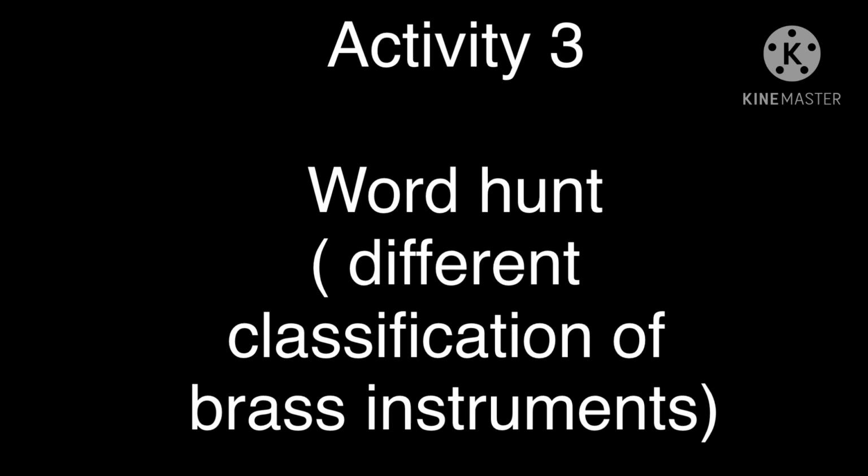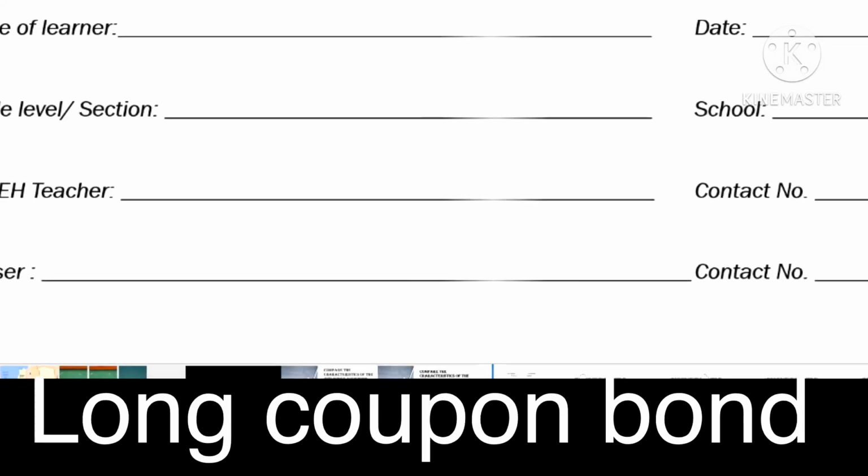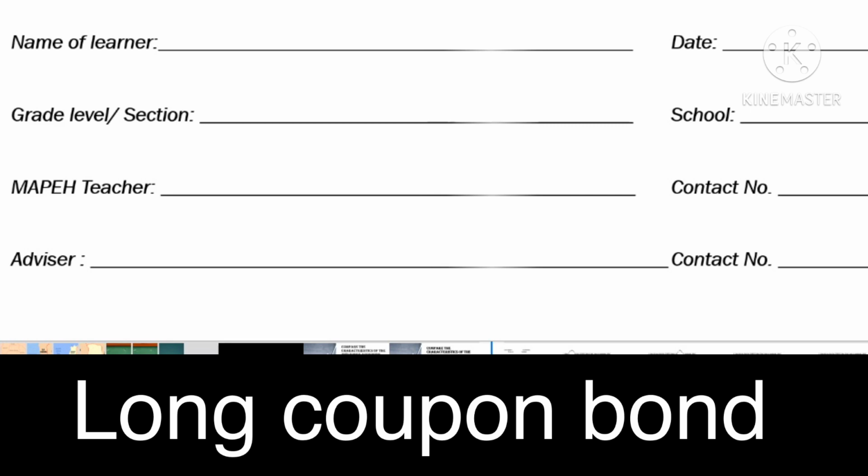Now let's proceed to Activity 3, word hunt. Below are words found in the word hunt. Group each word to its corresponding group where it belongs, whether it's a brass wind, woodwind, or percussion instrument. Write this on another sheet of paper following our template. Number 1, piccolo. Number 2, clarinet.